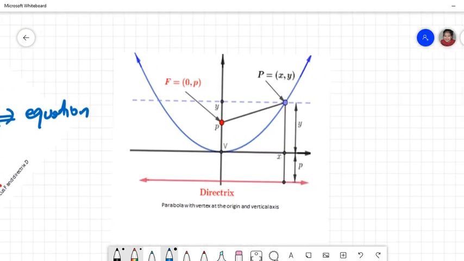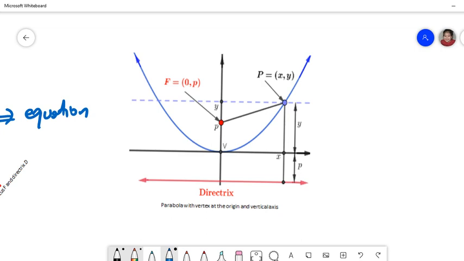Now let's consider our parabola located at the origin. Its vertex is at the origin and its focus at (0, p). And when you take any point (x, y) here and given the directrix is here, when we use this property, the distance from the focus and the distance to directrix will be the same.